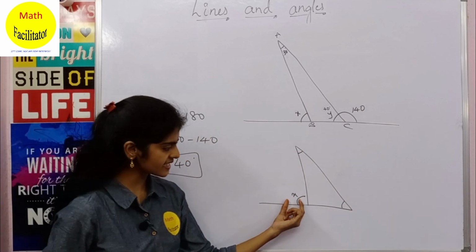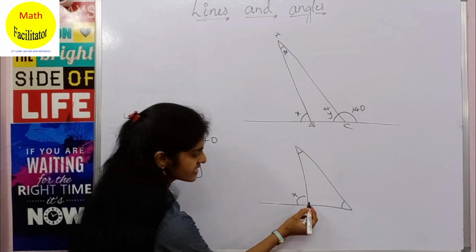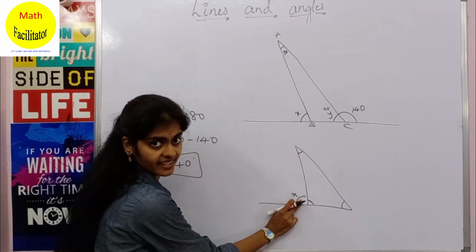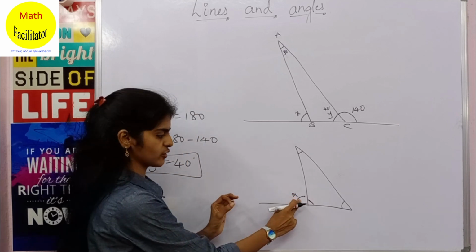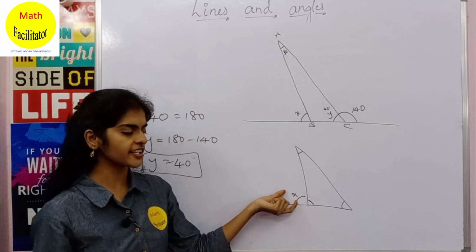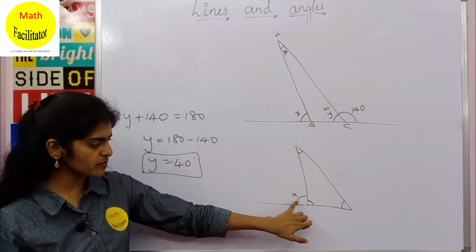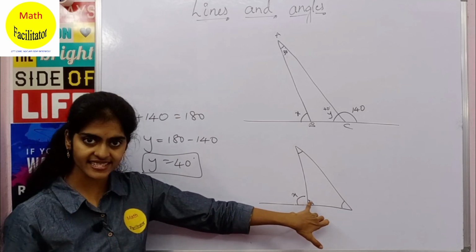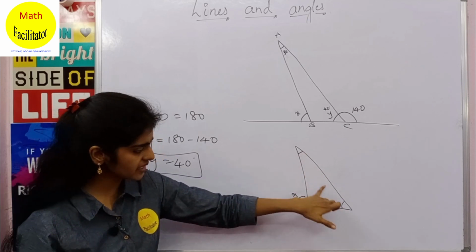Be clear, this angle is adjacent to the exterior angle, don't get confused. You want the opposite angles, so it will be these two. You should not take the adjacent angle, which is side by side.